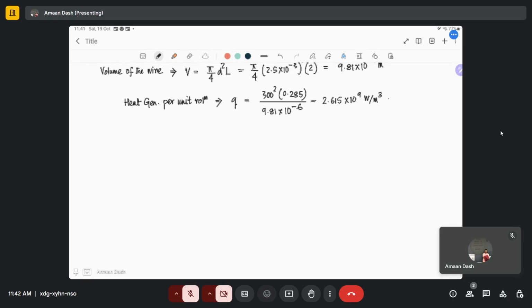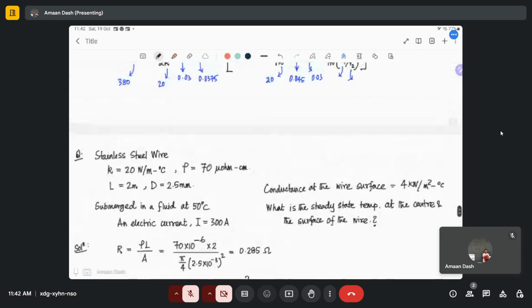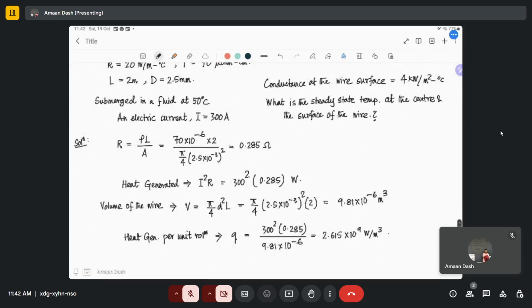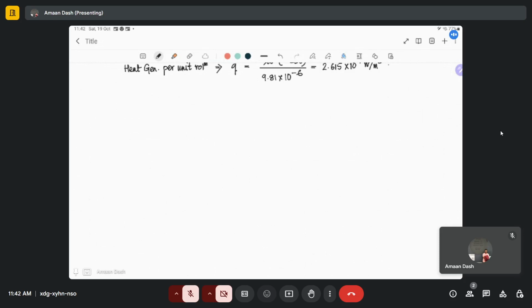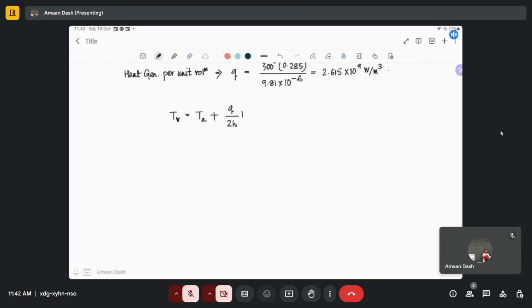Okay, so you can now obtain the surface temperature of the wire. So the surface temperature of the wire is nothing but T ambient plus Q divided by 2 times H times the radius.